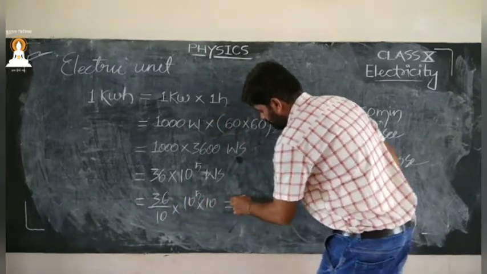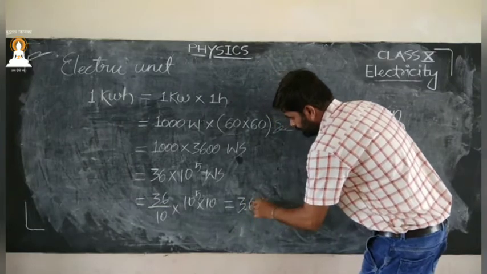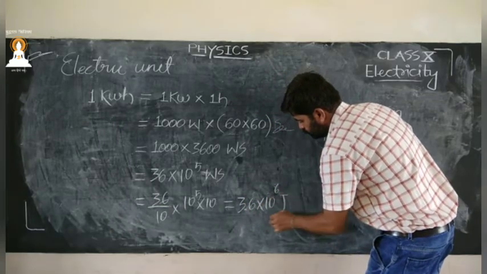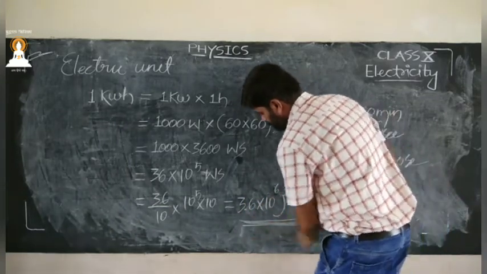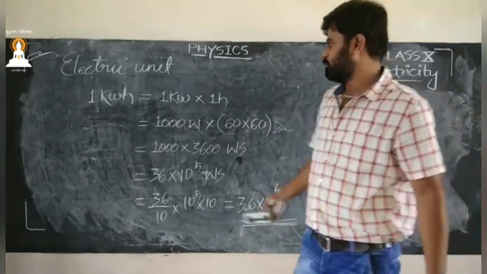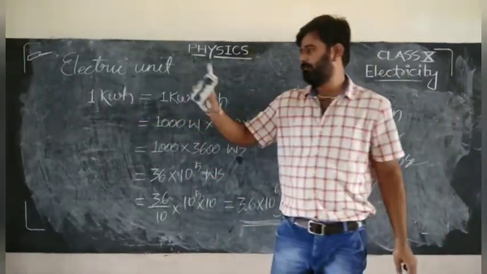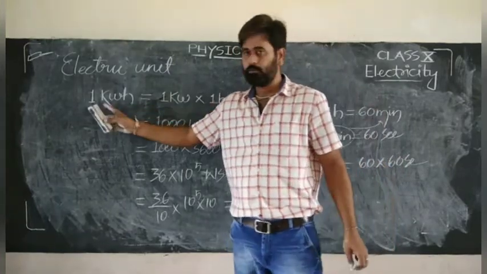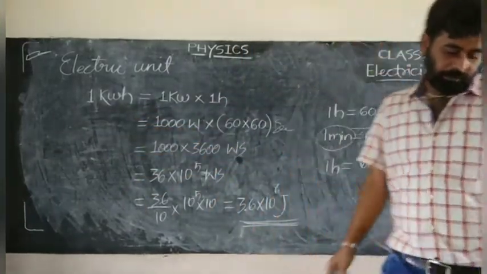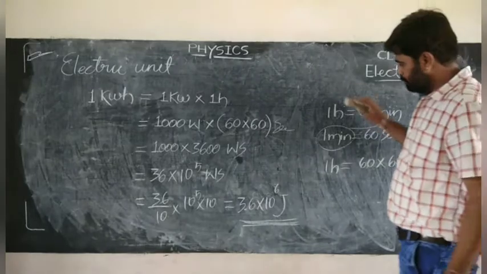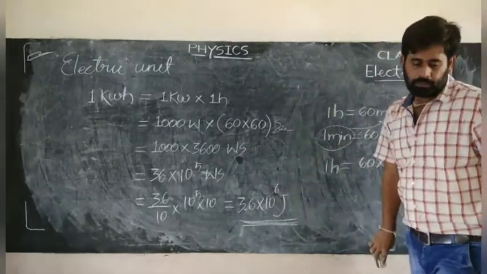So this will become 3.6 into 10 raised to power 6 joule. So this amount of energy in joule will be consumed when 1 unit, that is 1 kilowatt hour, is calculated. So 3.6 into 10 raised to power 6 joule. Remember?